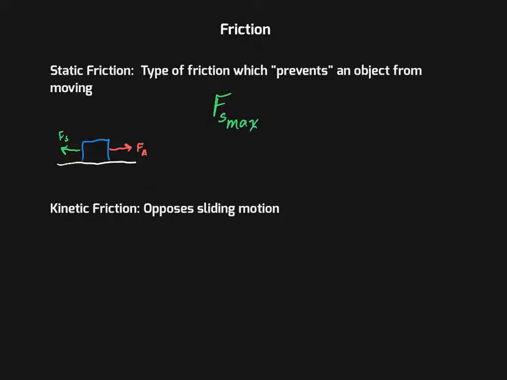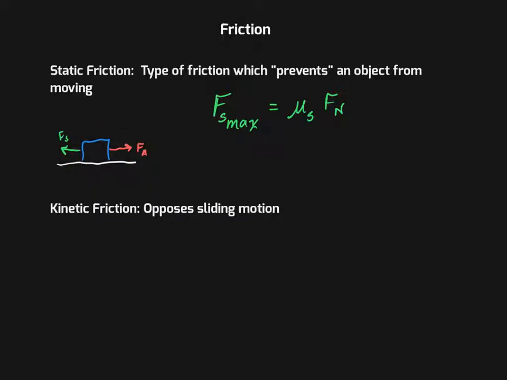This static friction maximum is equal to this thing called the coefficient of static friction times the normal force. So as soon as we get just a little bit greater than what this maximum static friction is, then this block will begin moving. Then our forces are now unbalanced.